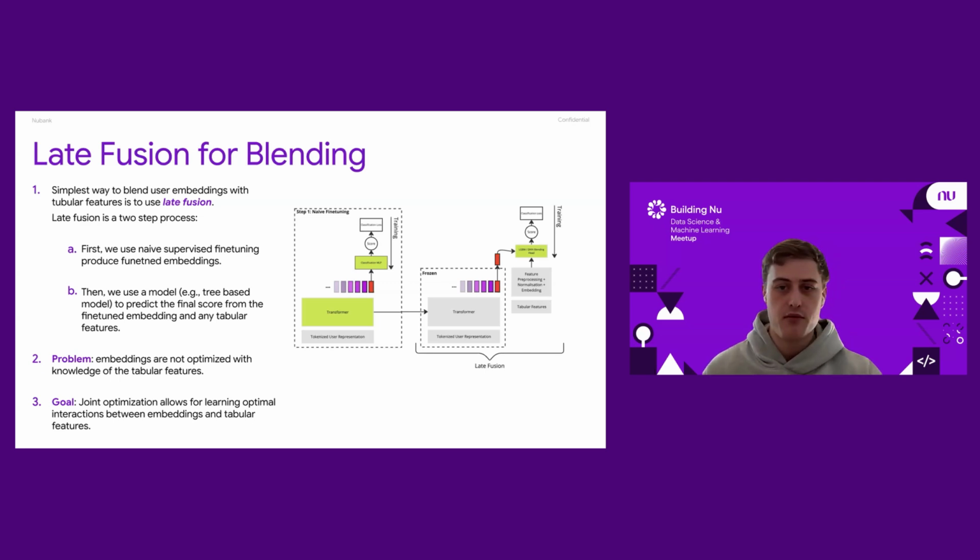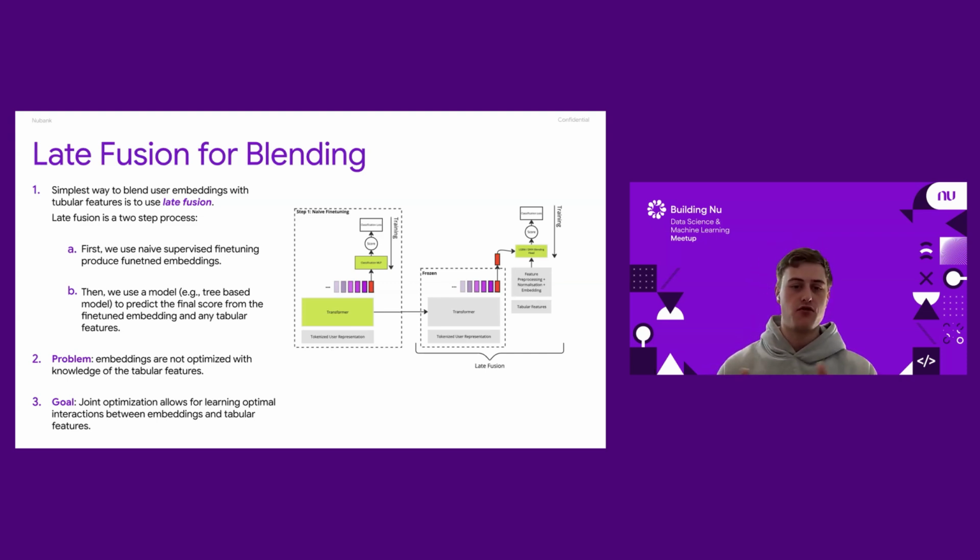Now, in practice, this performs pretty well. But the main issue is that the embeddings aren't optimized with knowledge of the tabular features. This might seem kind of niche, and you might ask, why does this matter? But we hypothesize that there might be some features in the transaction data which only become useful if we have access to the tabular features.